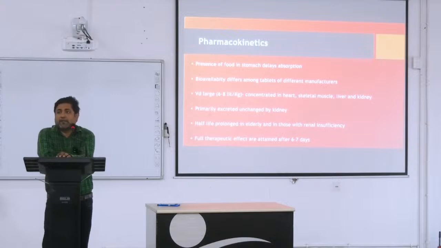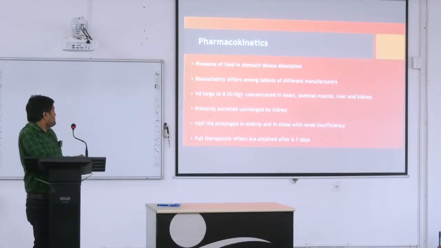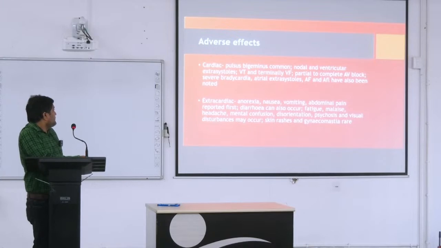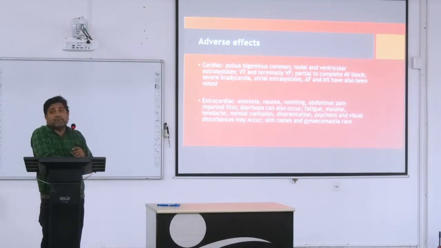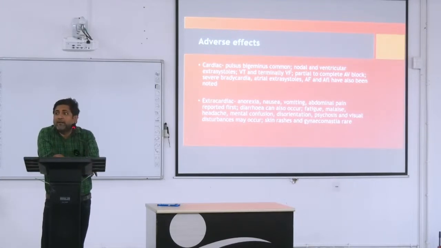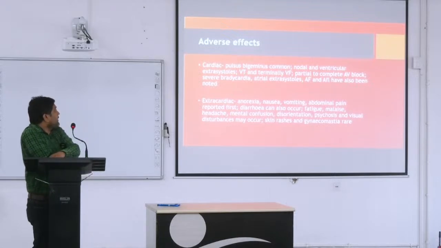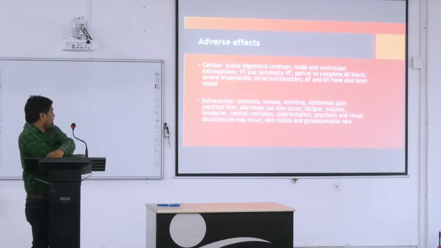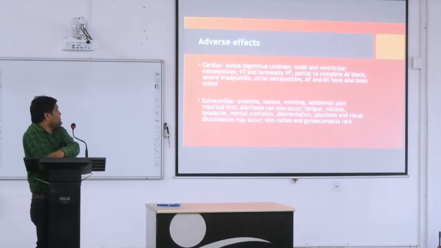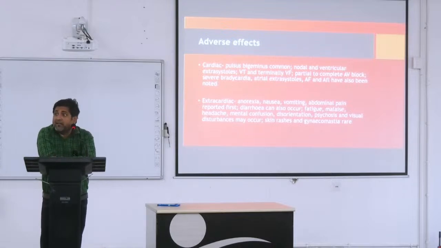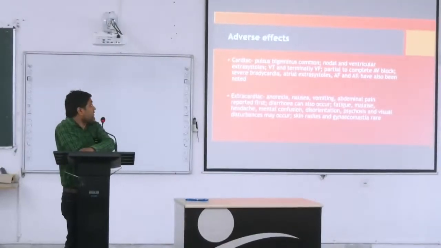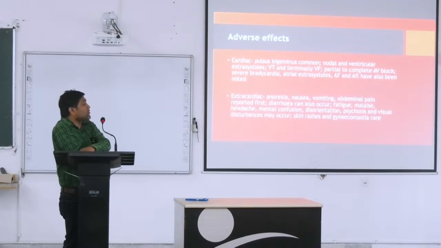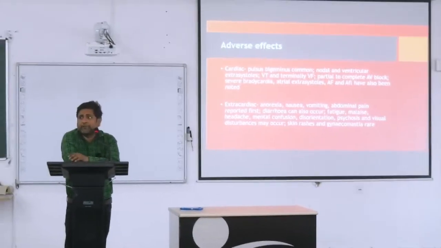Pulsus bigeminus is the common arrhythmia with digoxin, but any type of arrhythmia may occur, like nodal or ventricular extrasystole, ventricular tachycardia, ventricular fibrillation. Atrial flutter and atrial fibrillation have also been seen with digoxin therapy, although rare.